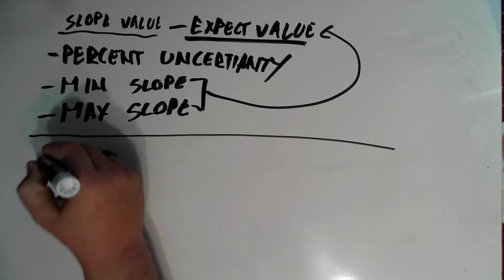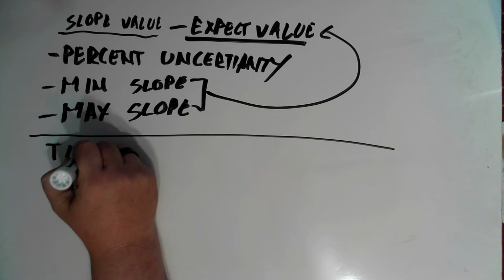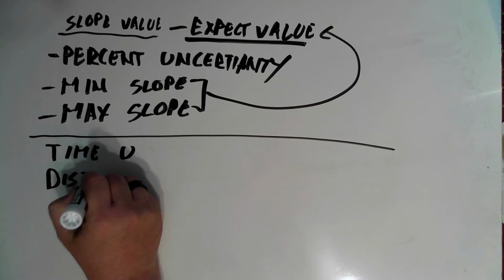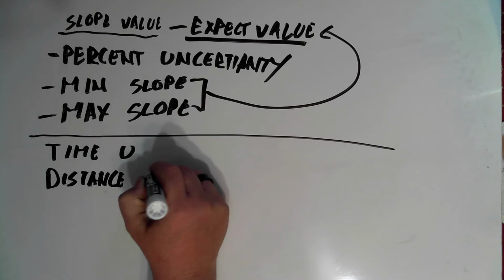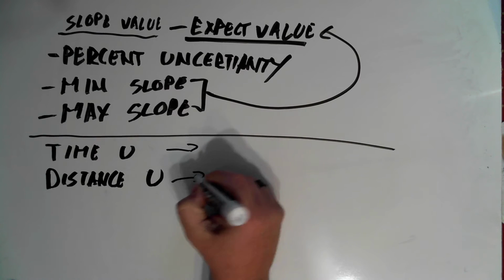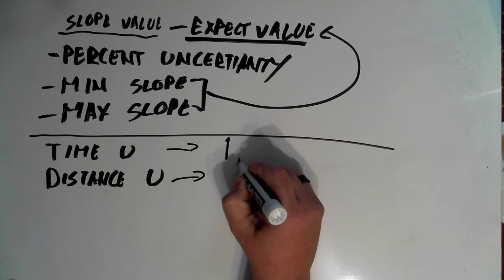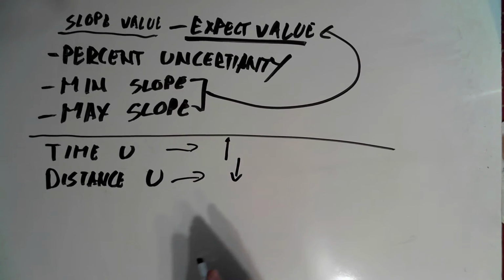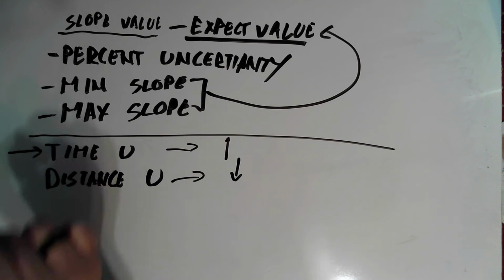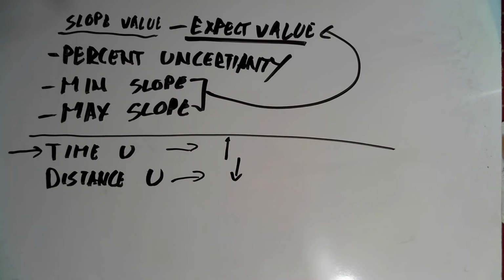In my experiment, I'm going to say, here's my time uncertainty, here's my distance uncertainty, whatever other uncertainties I have, and I'm going to look at them to see which one has the larger value versus the smaller value, and I am going to not just list them. I'm going to start with my largest value, say that during the course of this experimentation, I was able to determine my time uncertainty to be about 22%.